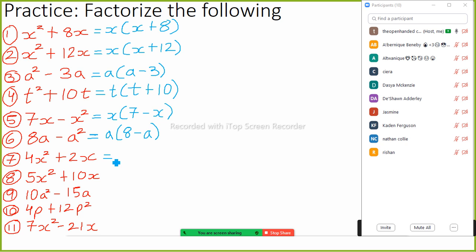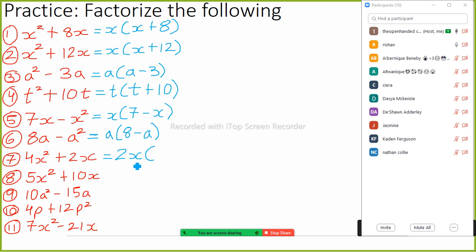Rashawn, number 7. X. Open bracket. How about putting 2x in front? Because 2 could go into 4 and 2.